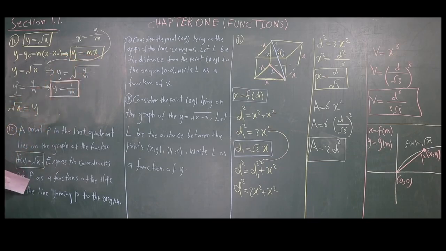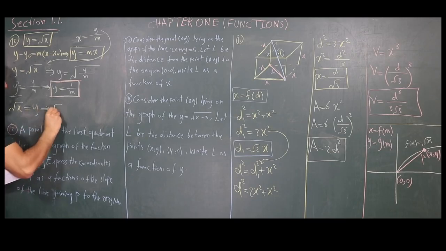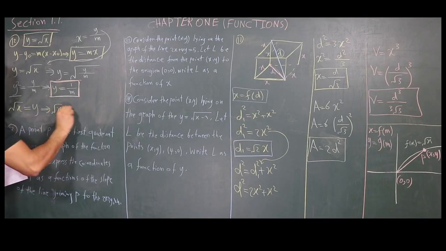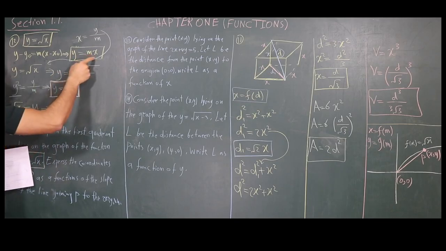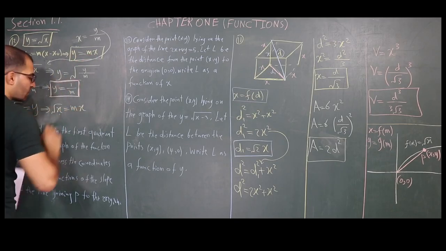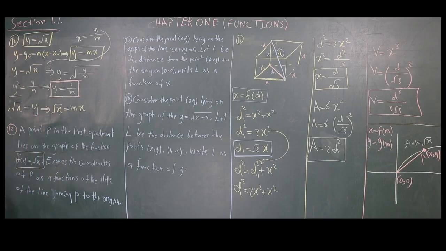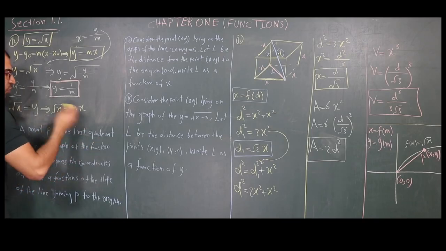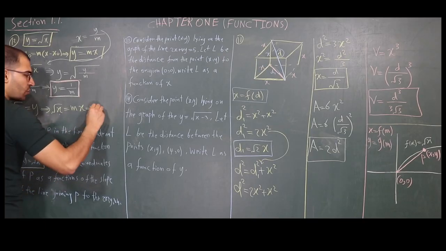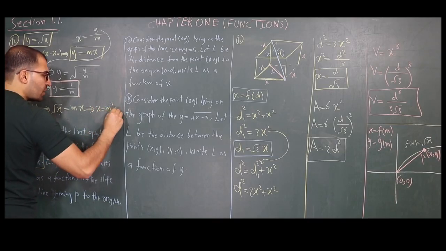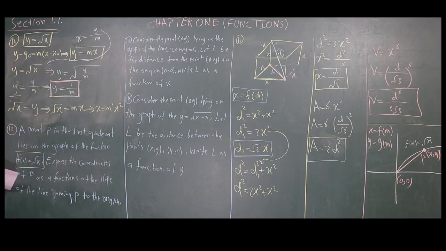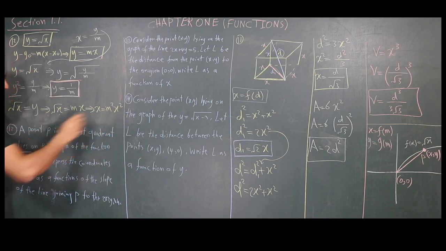I'm going to substitute instead of y, I'm going to say the square root of x equals mx. Now, I'm going to divide by the square root of x, or simply I can just square both sides. So x equals m squared x squared. And after dividing both sides by x, the result will be 1.